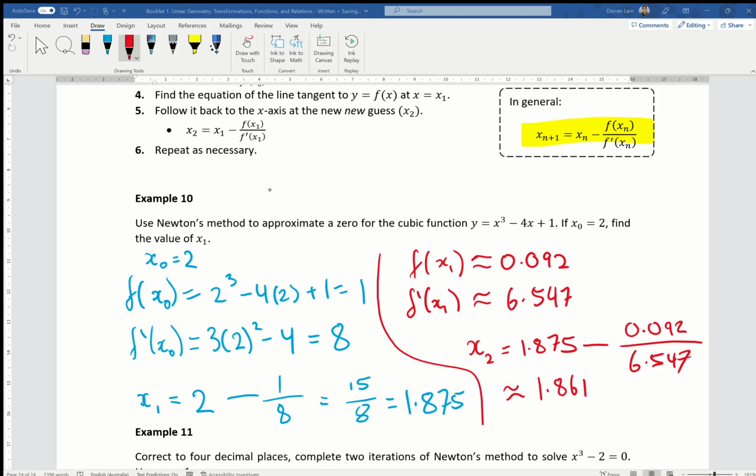In fact, to streamline this process, I can just put in the next number. Actually, let's just put in x. X minus, I'm going to put my fraction in, which I don't know how to do on this screen, so I'm just going to use brackets to make it easier. f of x over diff f of x, and then I'm going to give it a value, x equals 2, and use the previous answer.